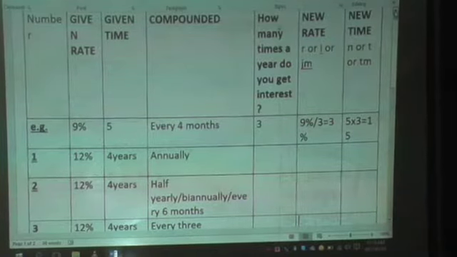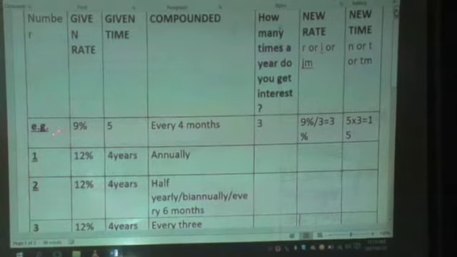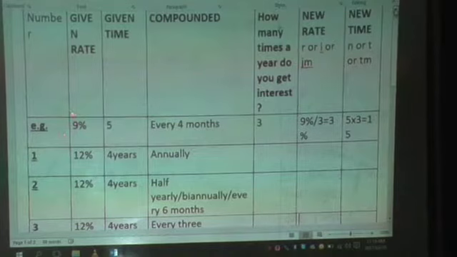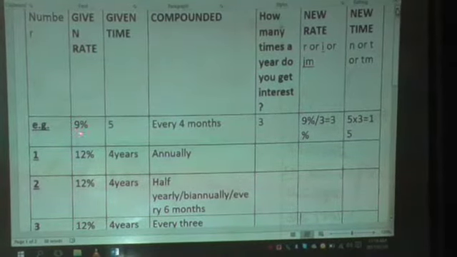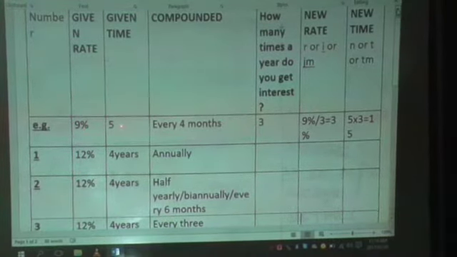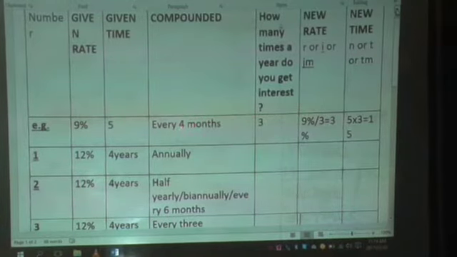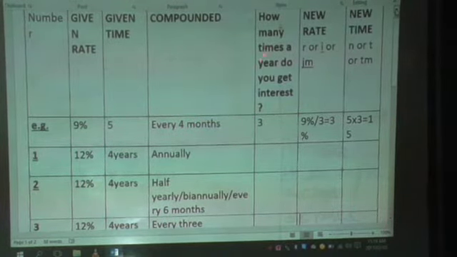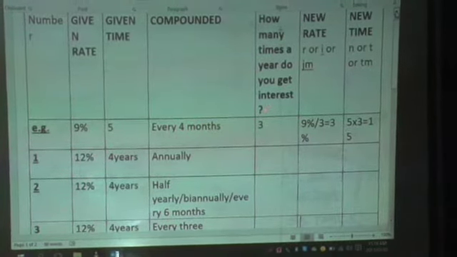Right, so let's take an example. You are told that the interest is 9% per year. You are told the time is 5 years. And you are told that the interest is compounded every 4 months. So how many times a year will you get interest?